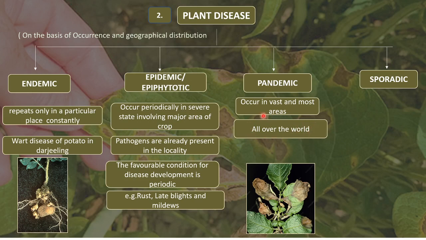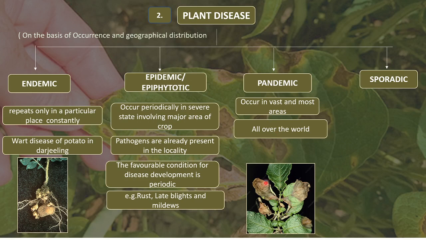So we all know what a pandemic is. When it spreads all over the world, it is known as a pandemic. Or if it spreads all over a country altogether or all over a larger area, then it is called a pandemic, right? So an example of a pandemic itself is late blight of potato, right?